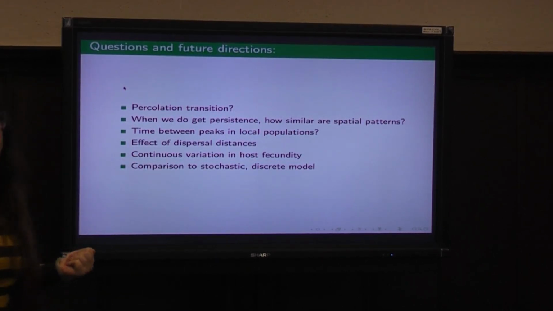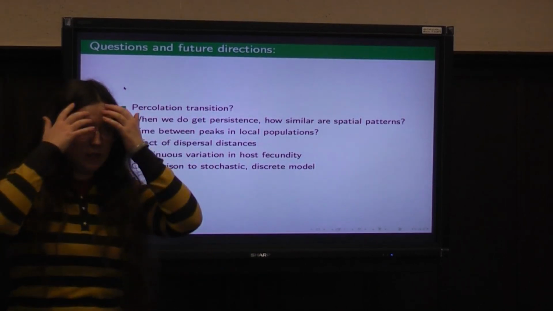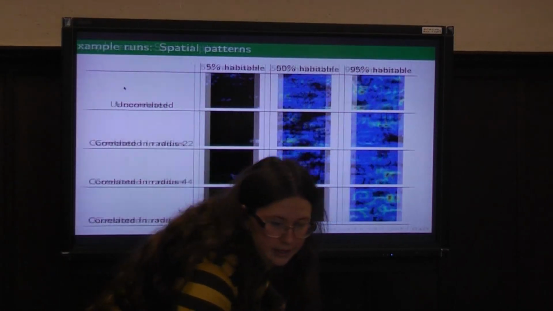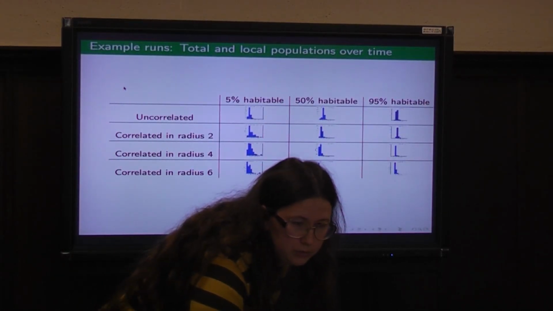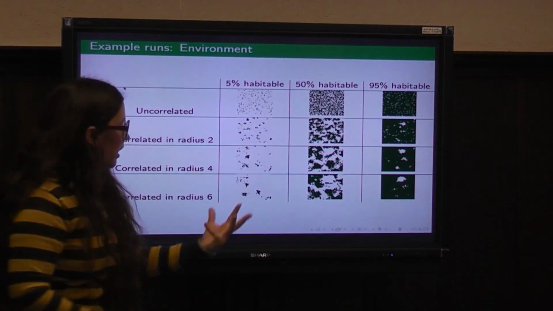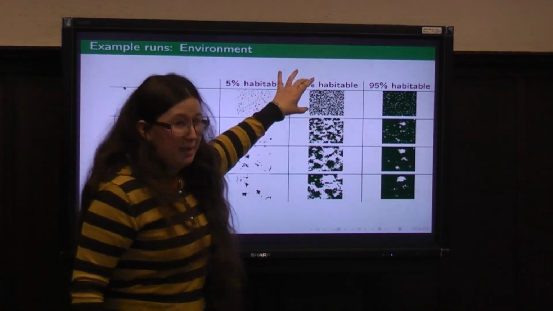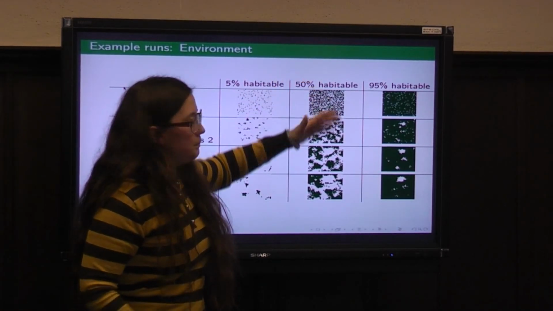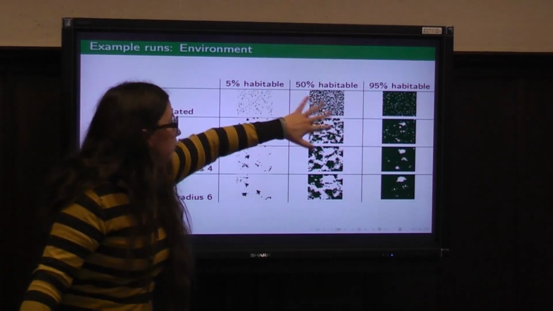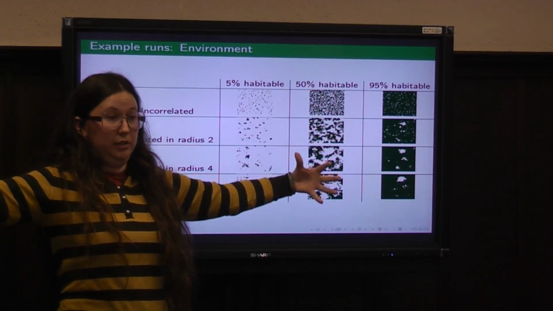Other things that we're hoping to someday look into are the effects of dispersal distances. So one way you can imagine looking into how much connectivity and percent of good habitat are affecting what's going on would be to use the same environment, but say, okay, another way to increase the connectivity without changing the environment at all would be to let the aphids and wasps disperse a little farther.